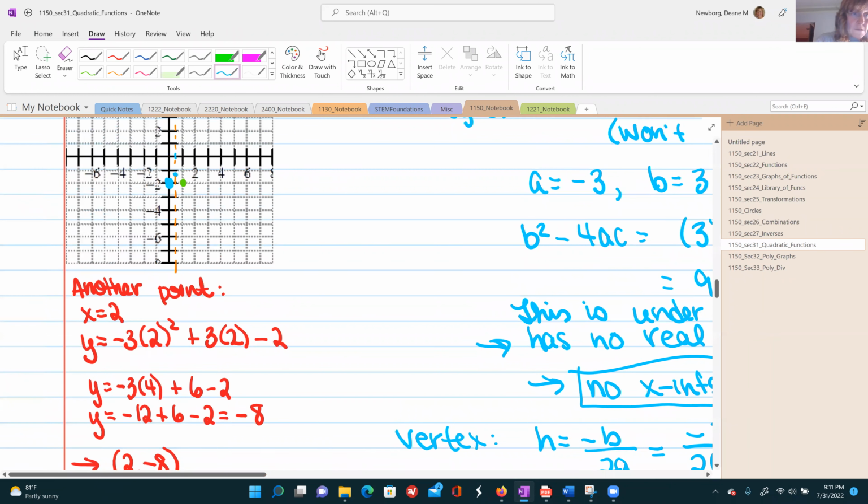Okay, so (2, -8). But then by symmetry, I'll have another point on the opposite side of the axis of symmetry. This one went to the right 1.5, so I should go to the left 1.5.